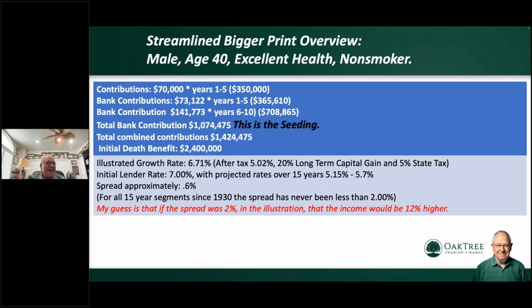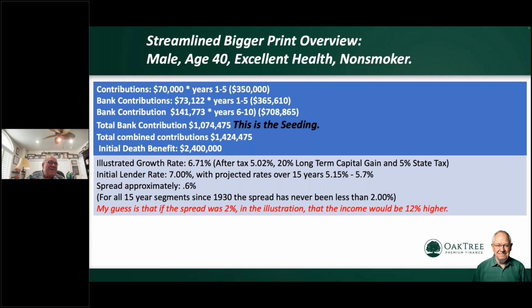All right. So the bank is going to contribute $73,122 for the 5 years, $365,610. And then in the next 5 years, 6 through 10, I put my brackets poorly there, didn't I? Got an extra bracket.